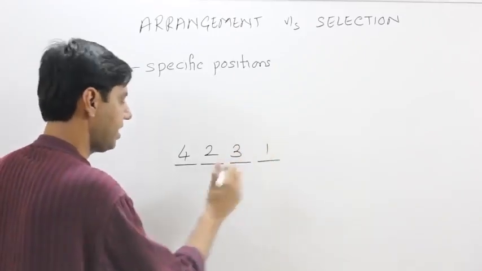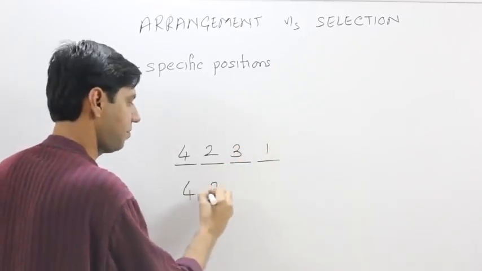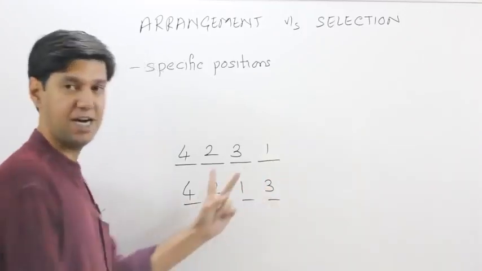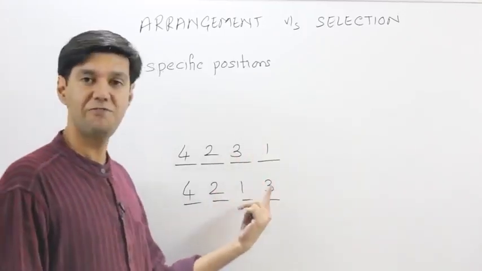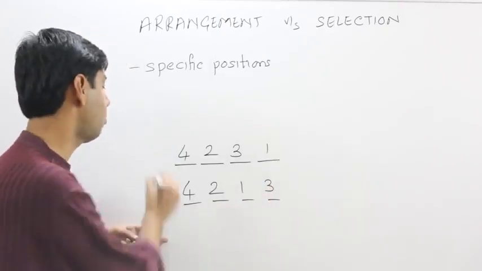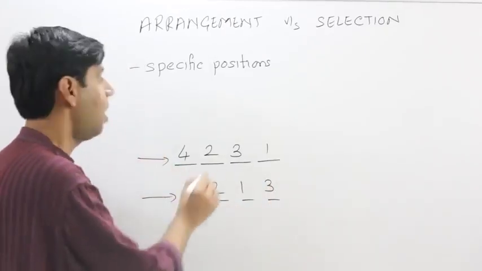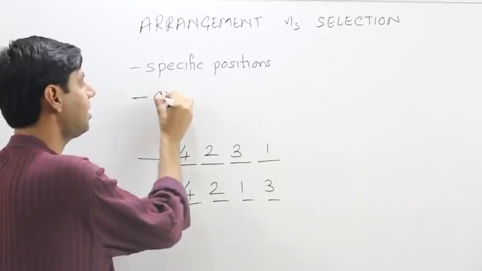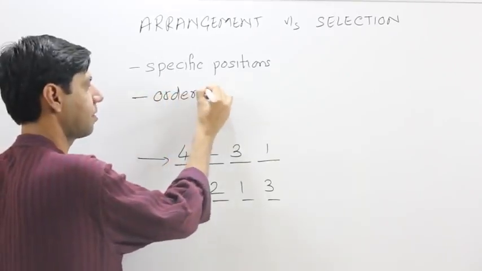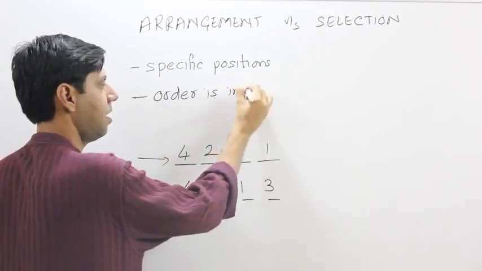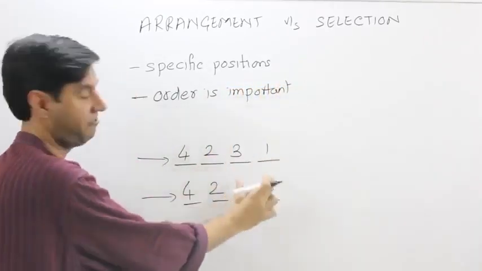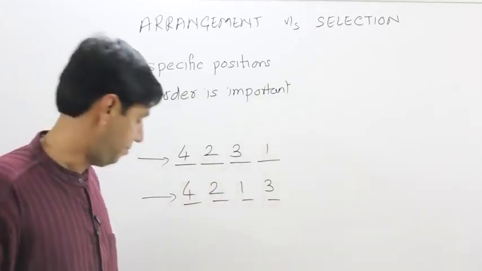If two of the digits interchange their positions, will I be getting the same number or a different number? Here you have a 31, here you have a 13. So this results in a different number. The same thing could be said as: the order is important. For example, 3-1 is different from 1-3 as a number.